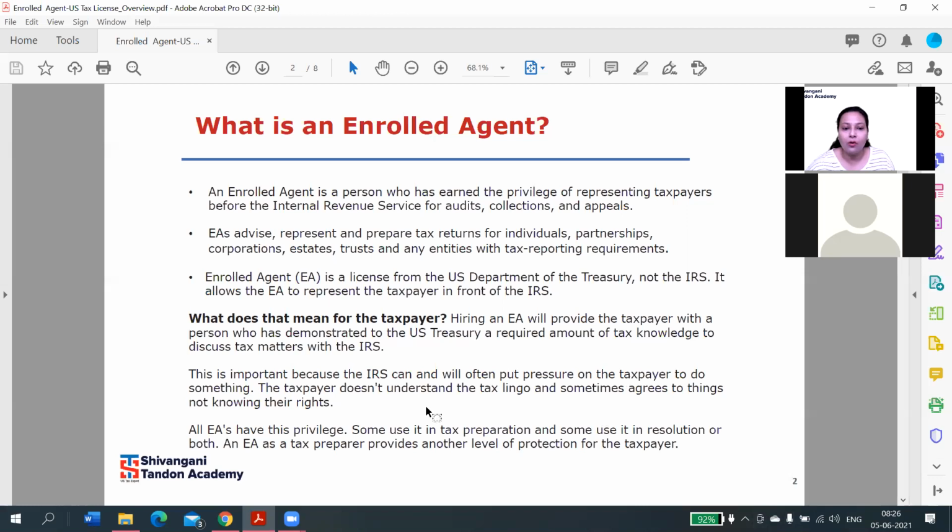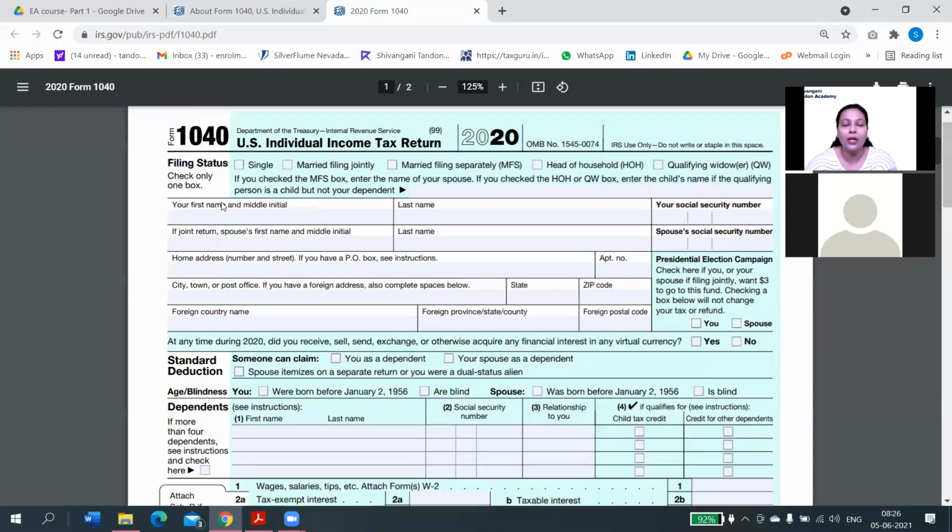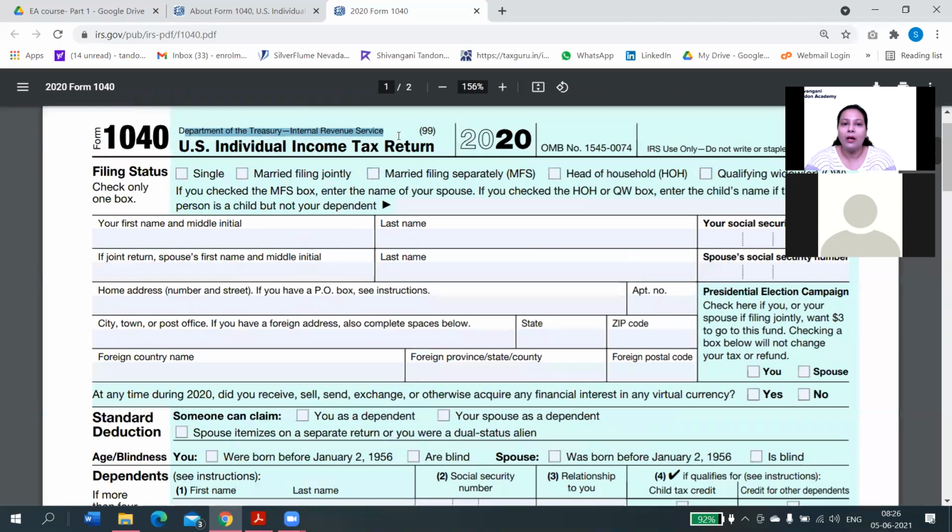If you have a look at any of the US tax forms, we are reading about part 1, right? Part 1 paper is all about the form 1040, where we learn how a US individual can prepare or file their income tax return, right? Any US tax form, when you open it, you will see Department of Treasury Internal Revenue Service written at the top of the form, right after the form name.